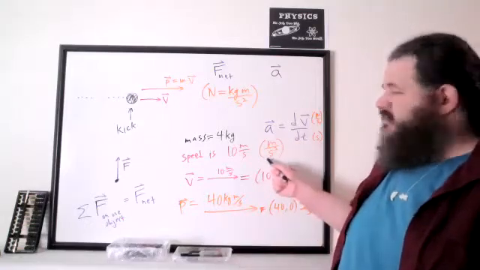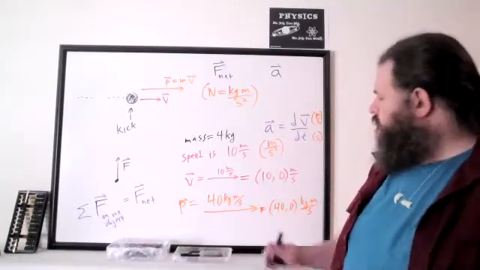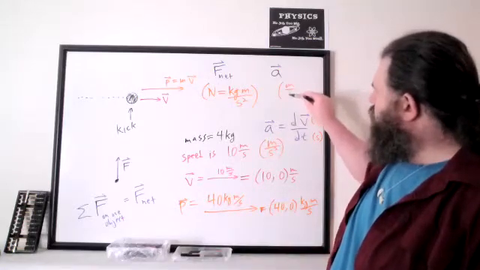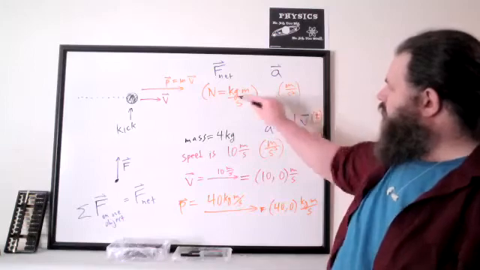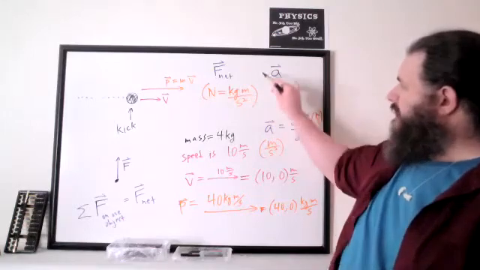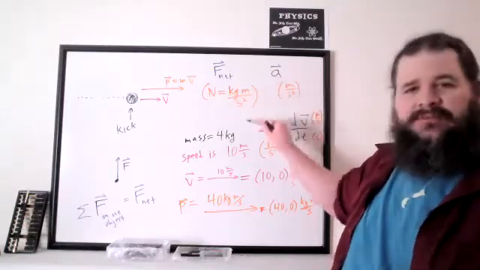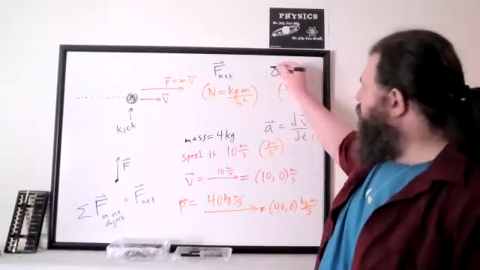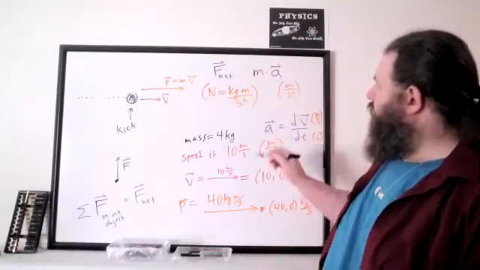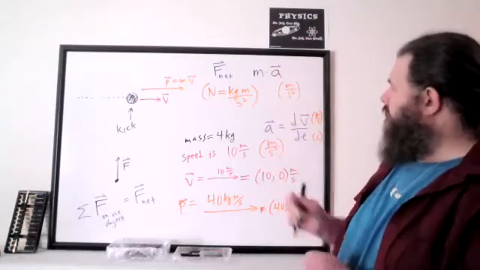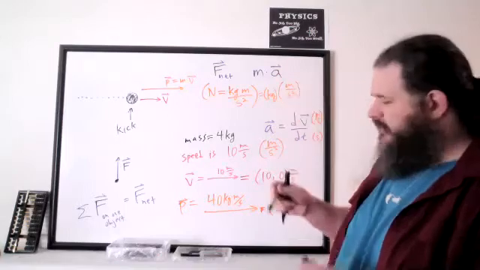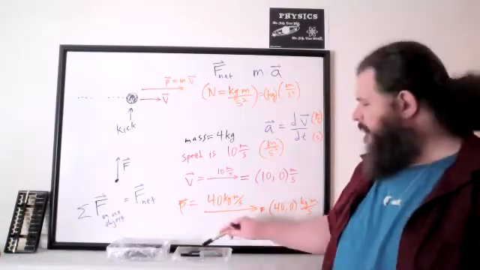So acceleration is measured in meters per second squared. But the units don't quite match up here. What else do we need to get kilogram meters per second squared? Yeah, we're going to need mass. If you multiply mass times acceleration, the units work out. You get the units for force, kilogram meters per second squared.